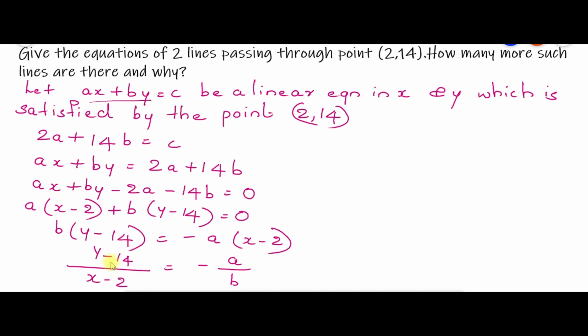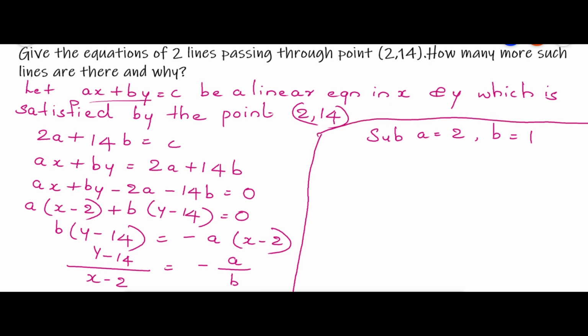Substituting the values, you will be getting y minus 14 divided by x minus 2 is equal to minus a by b. So by using different values of a and b, we can find infinitely many required equations. So on substituting, suppose we are substituting a is equal to 2 and b is equal to 1.